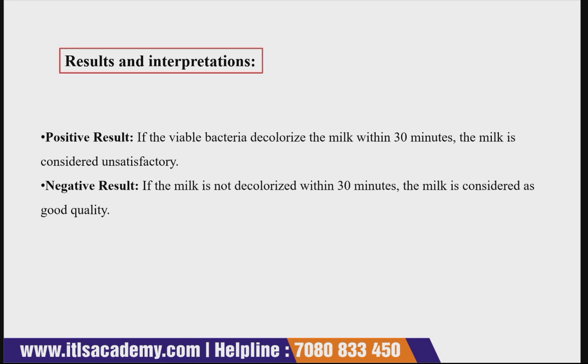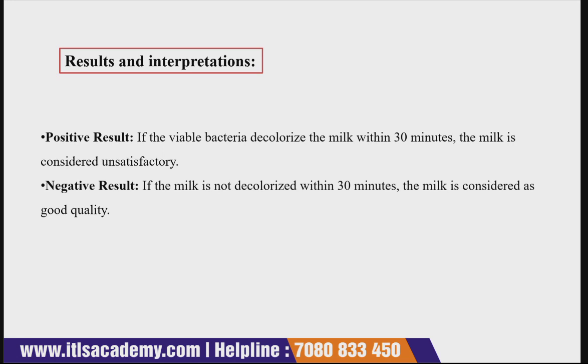This is to be noted very properly: if the reduction, meaning the color reduction, occurs within 30 minutes, then the quality of the milk is very poor. If the reduction occurs between 30 minutes to 2 hours, then the quality of the milk is still poor, not very poor, it's poor.